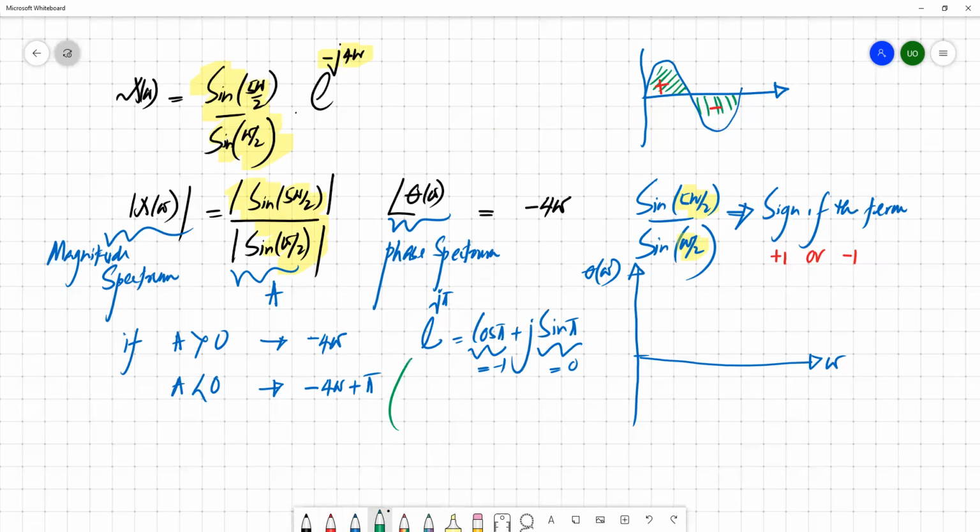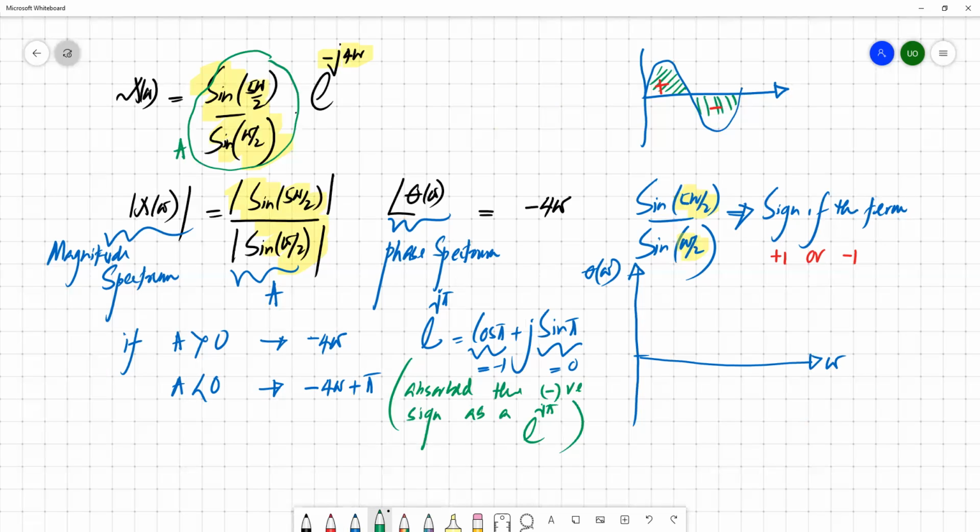So this is absorbing the negative sign as an e to the power j phi. So if this block A is a positive value, the phase spectrum is equal to minus 4 omega.